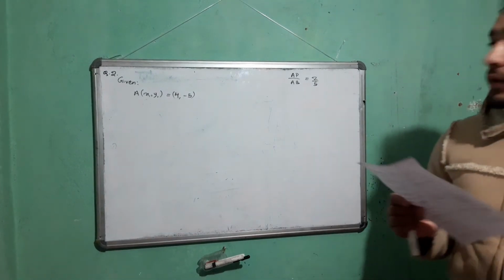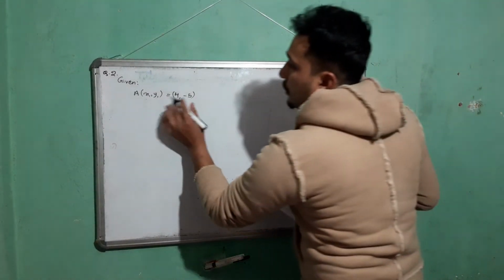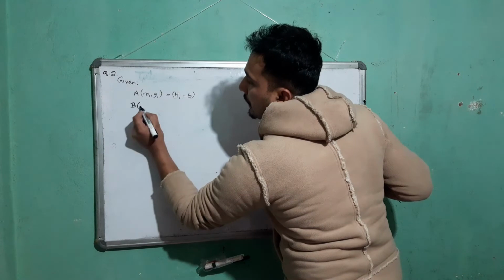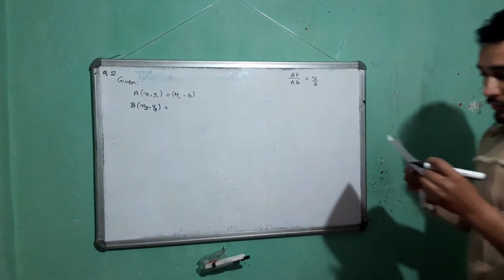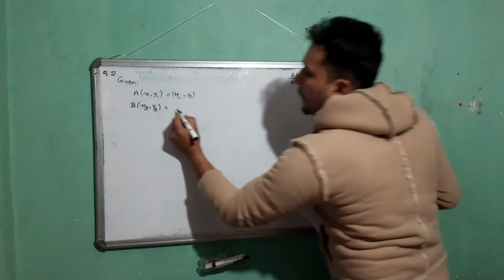Find the coordinate of P. So this is given, B x2 comma y2 is given as 4 comma 5.